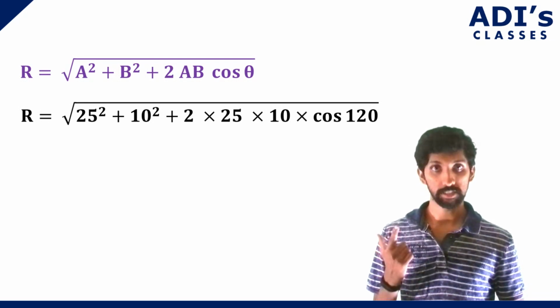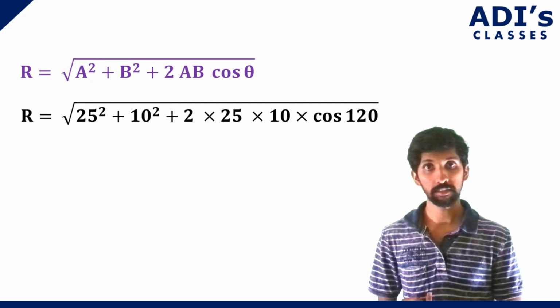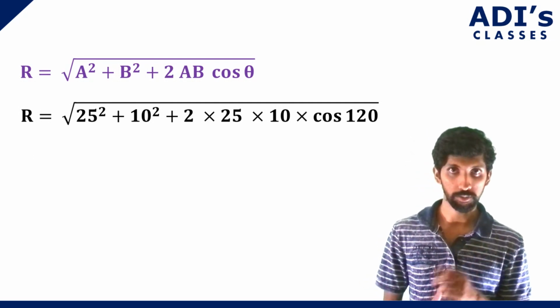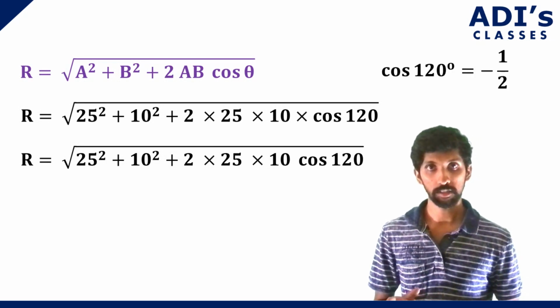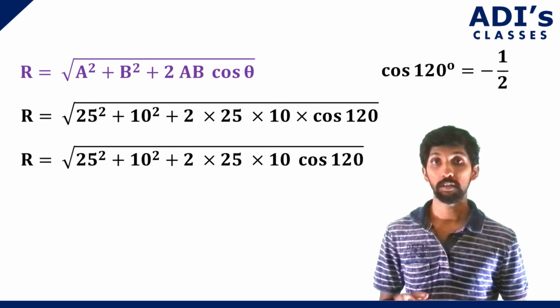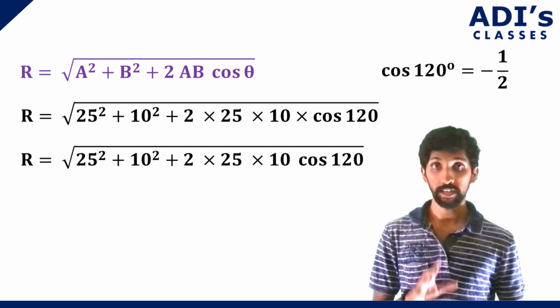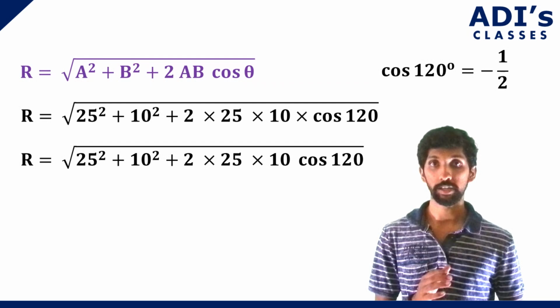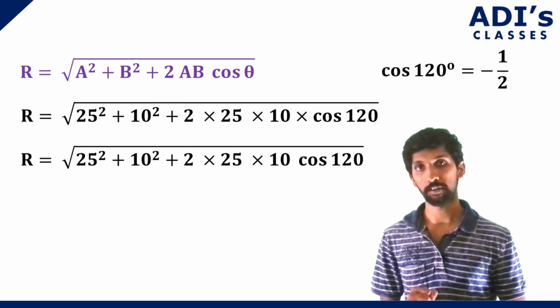B value is 10. And theta is how much? 120. Right? So substitute. You will get root of 25 square plus 10 square plus 2 into 25 into 10 into cos 120. Right? Now cos 120 value is minus half.